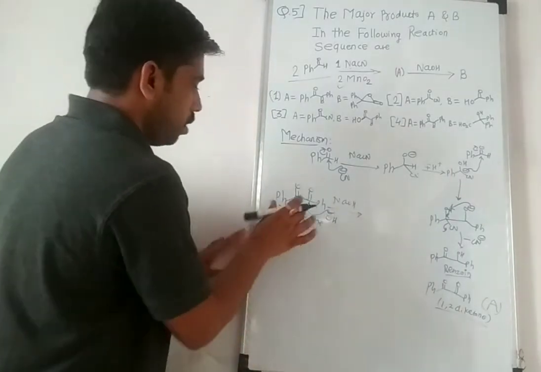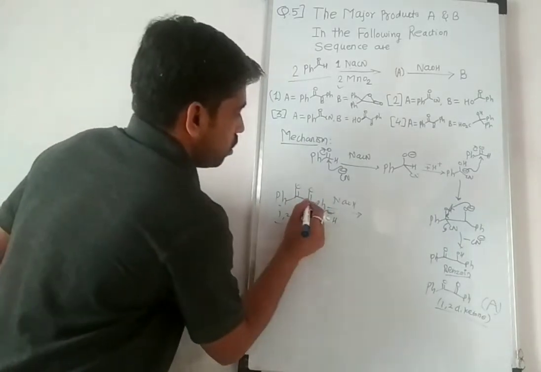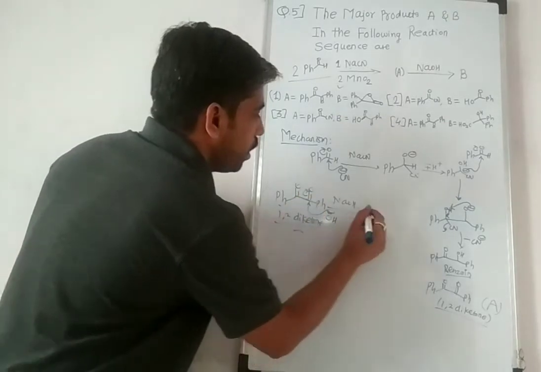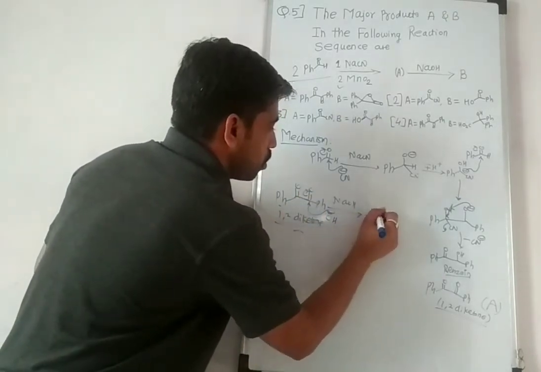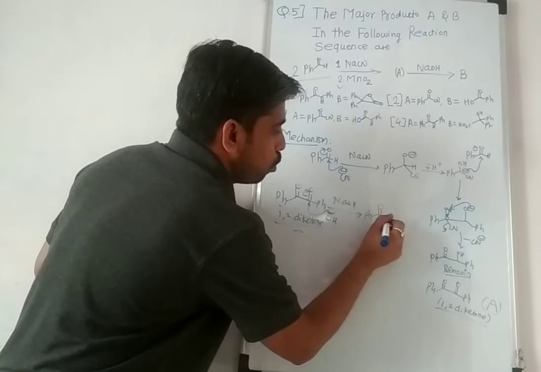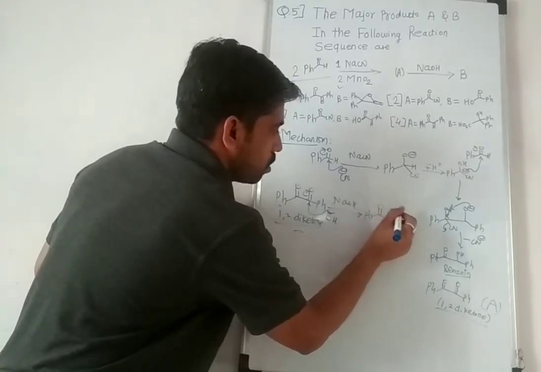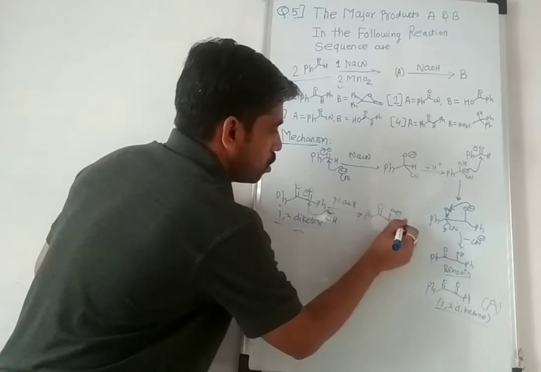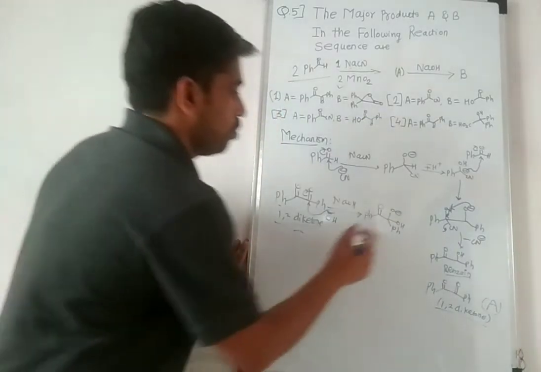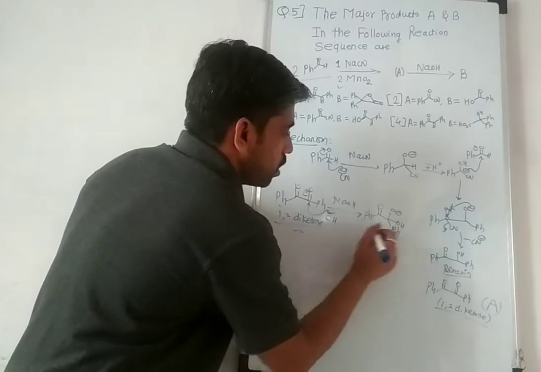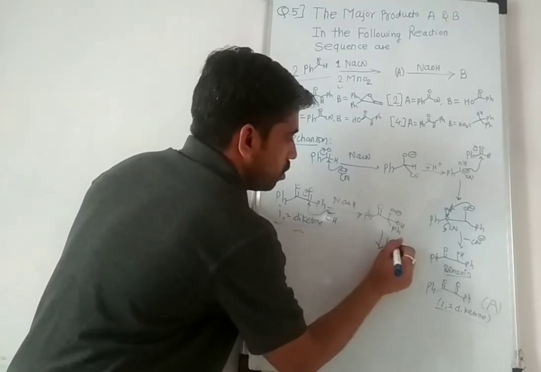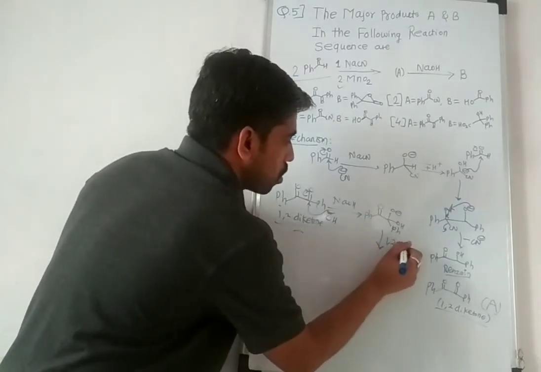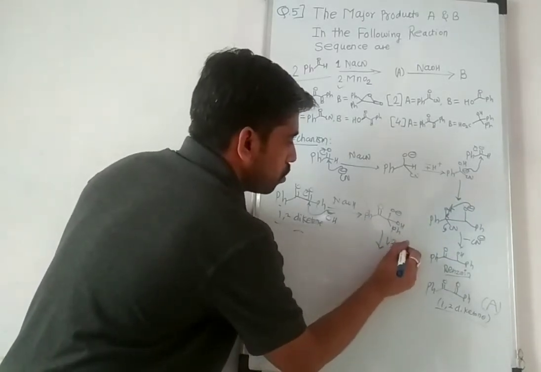This is a symmetrical diketone, so at any one center this OH group can attack, and we get Ph C double bond O, O minus, then Ph, OH. Now in the next step there is a 1,2 migration of the phenyl ring, or simply a 1,2 shift.